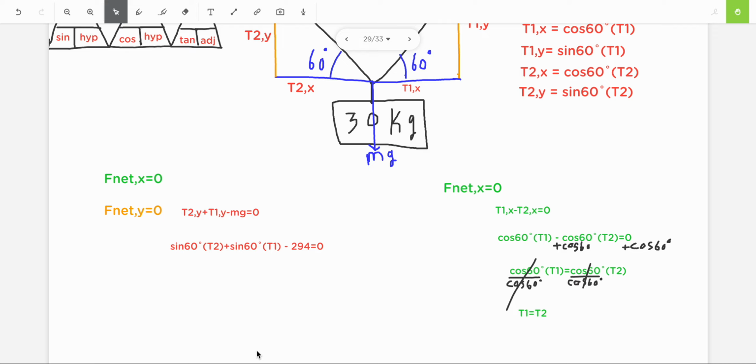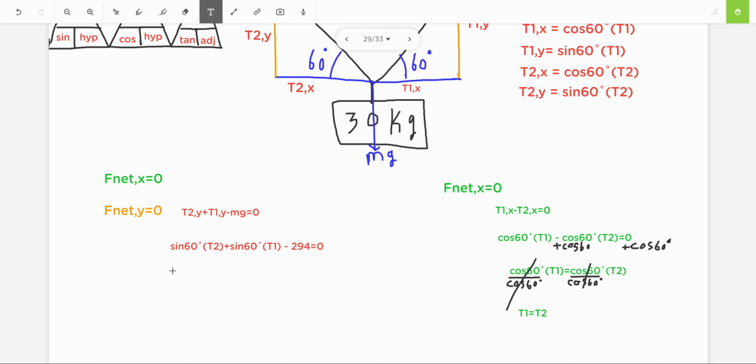Okay, for this one we could just use shift solve to get it, but before that we have said that T1 is equal to T2, so we should substitute here the T1 with the T2.